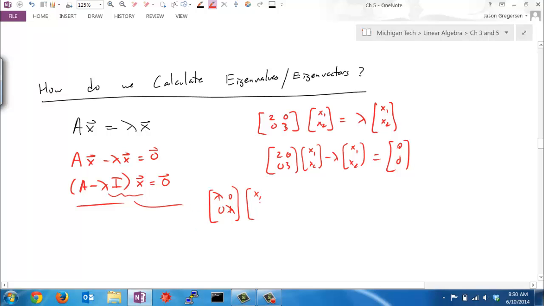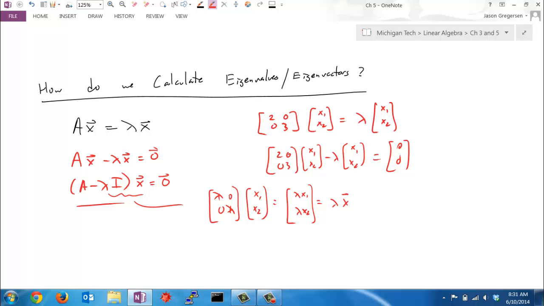And if I take that matrix and multiply it by this vector, I'll be left with lambda x1, lambda x2, which is the same thing as lambda times the vector. Okay, so all I've done was take lambda x here and factor out the x, but because I'm dealing with matrices and vectors and the dimensions are different, that identity gets built in. You can show, by doing that calculation, that lambda I times x is the same thing as lambda x.